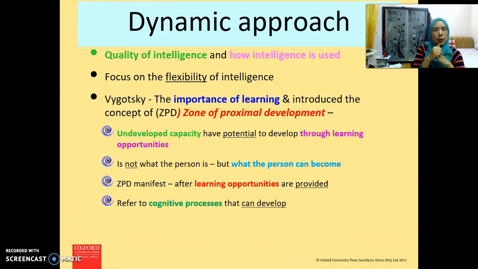Maybe those who didn't have the chance regarding learning opportunity, maybe because they are poor, because they have no access to information, actually have the potential, but because they do not have the opportunity to learn, they may have problems achieving higher intelligence.